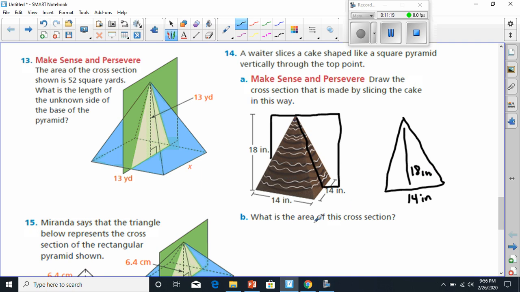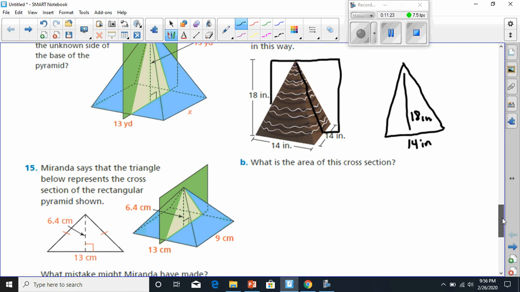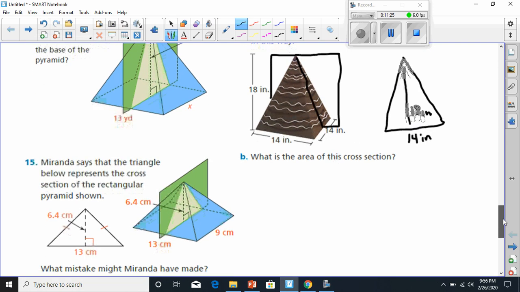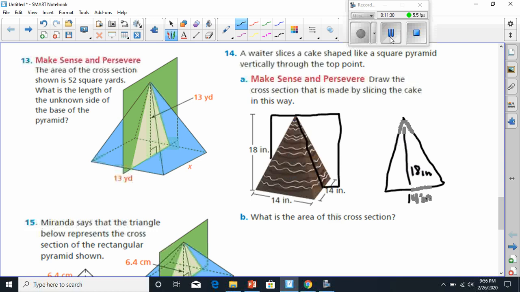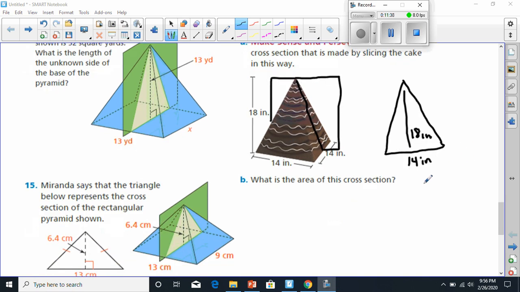Okay. What is the area of the cross section? Well, looks to me about 18 by 14. So that means we're going to have to use the formula for a triangle to find the area. The formula for a triangle, well, as we said in class, a triangle is nothing but a rectangle or a square that has been sliced in half.